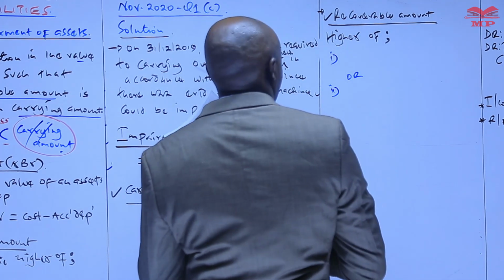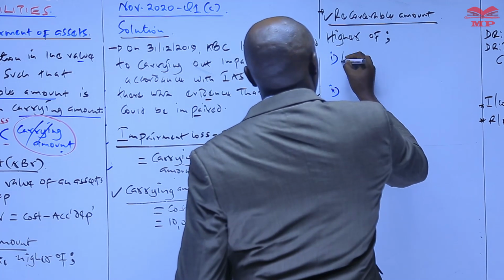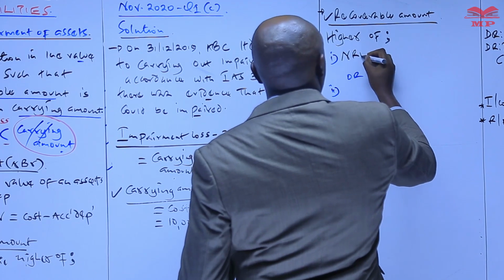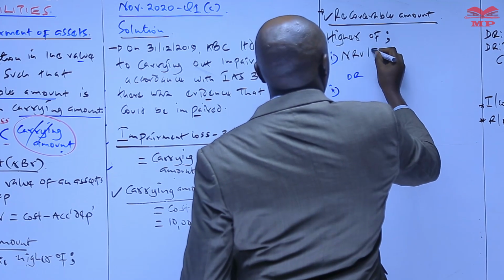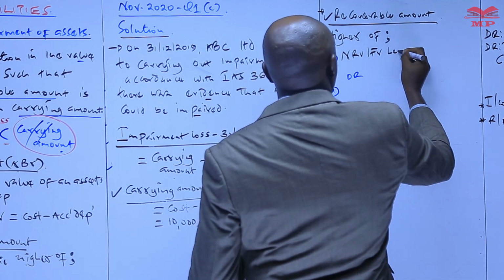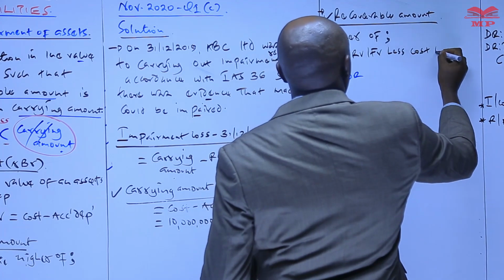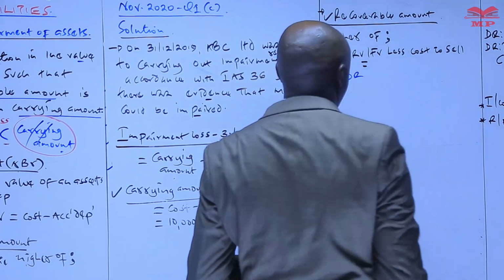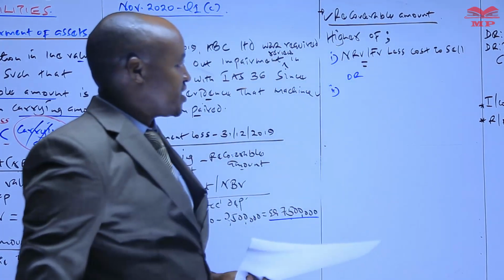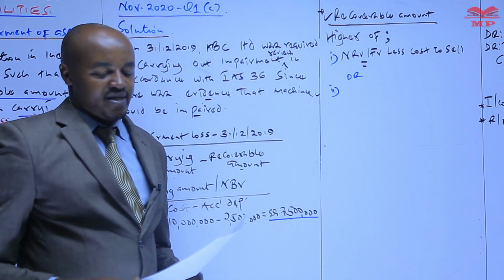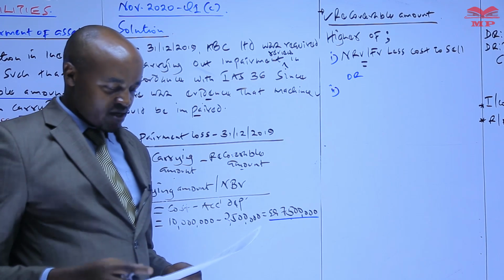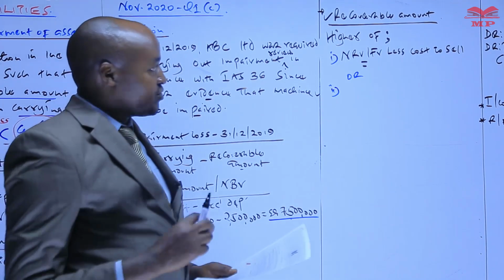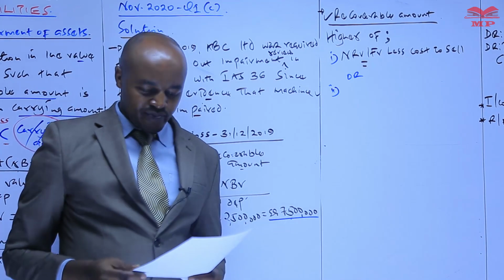Number one, the net realizable value, which is also the same as the fair value less cost to sell. This we said is the value at which an asset can be sold currently, and then we deduct any cost which will be incurred in selling that asset. There is some information we are given which will help us in computing this.